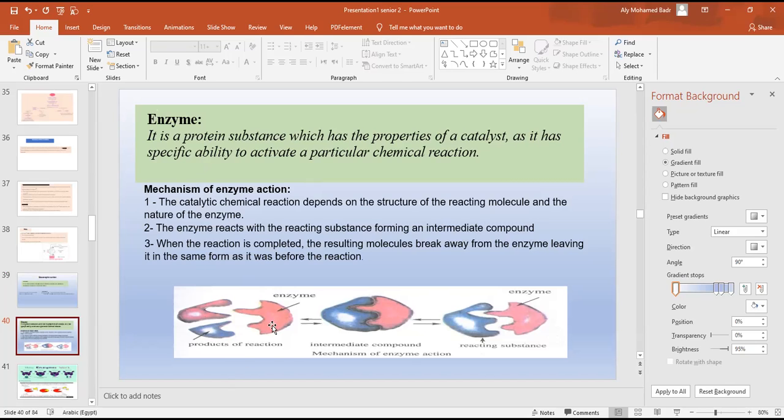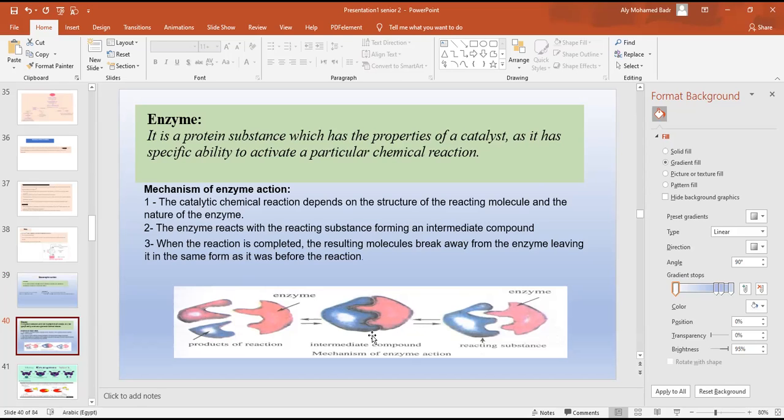The enzyme looks like a key and its lock. This is the enzyme, and this is the active site of the enzyme. The substrate, or the reactants, will combine with the active site of the enzyme to form an intermediate compound called the enzyme-substrate complex.